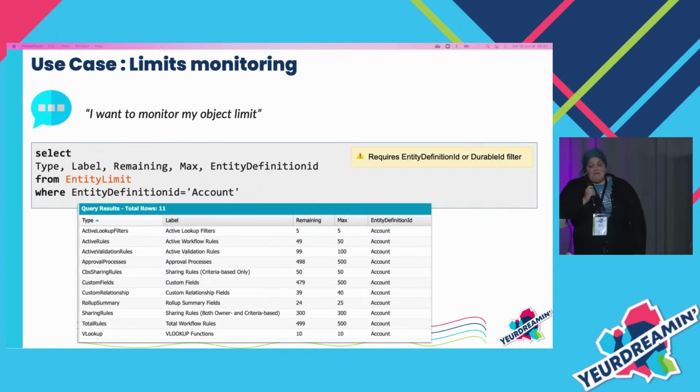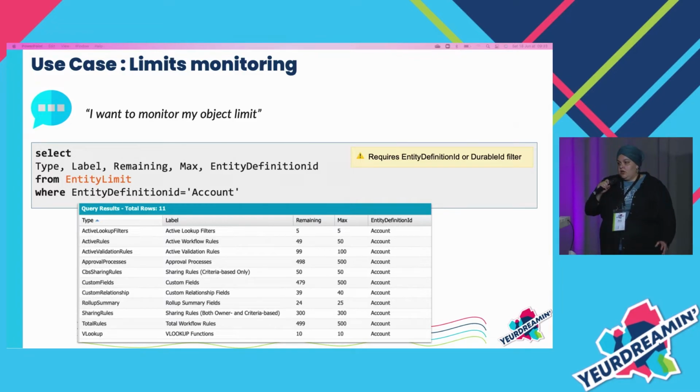Okay, limits. We are working in a multi-tenant environment, so the limits are always present in Salesforce. And related to the object you are working on, we have several different limits. A way to retrieve them is to query the entity limit.